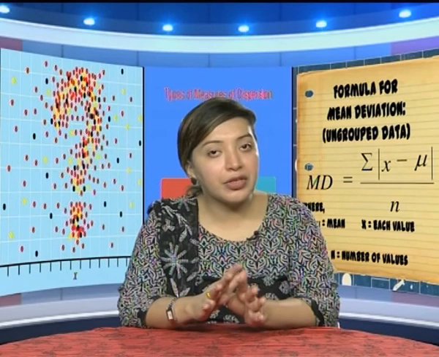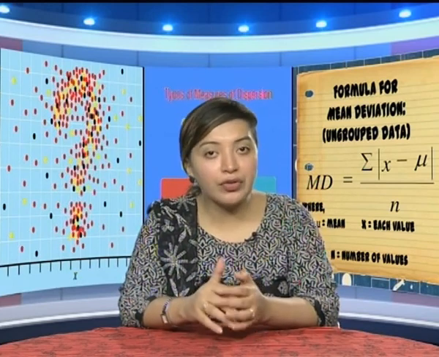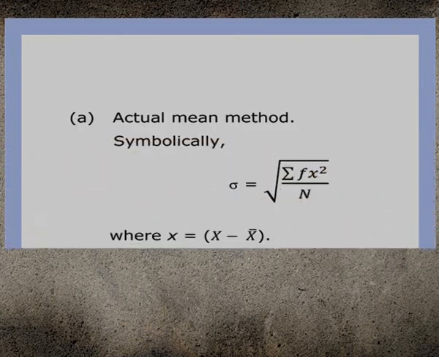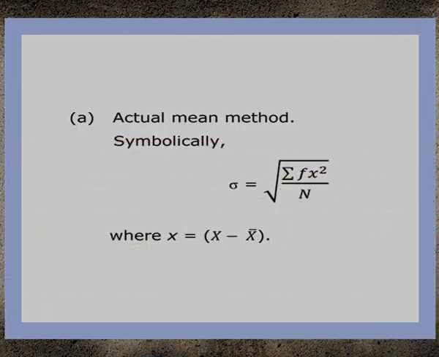In this method, for calculating standard deviation, any of the following methods may be applied. So we have these methods. The first one is actual mean method. In this, symbolically we can represent the formula as sigma is equal to under root sigma fx square divided by capital N, where small x is x minus x bar.